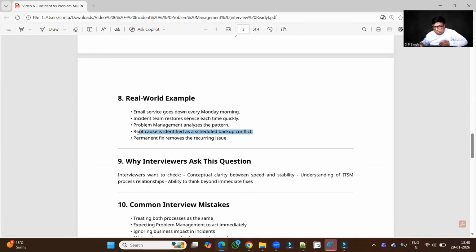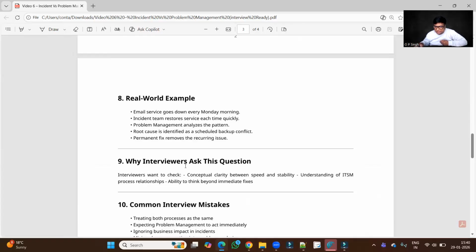After that, a permanent fix removes the recurring issue, and recurrence of the incident stops from week number 4. This is how incident and problem go hand in hand, alongside each other.